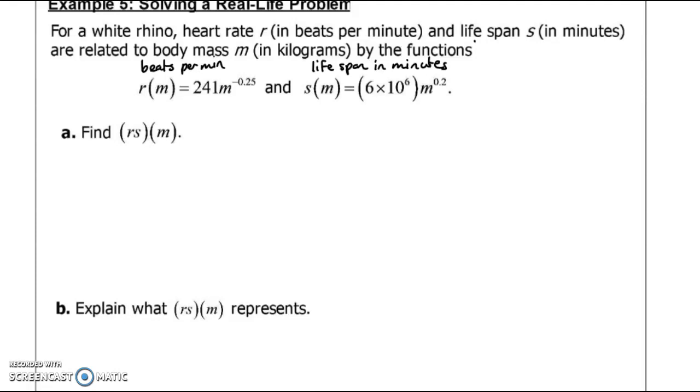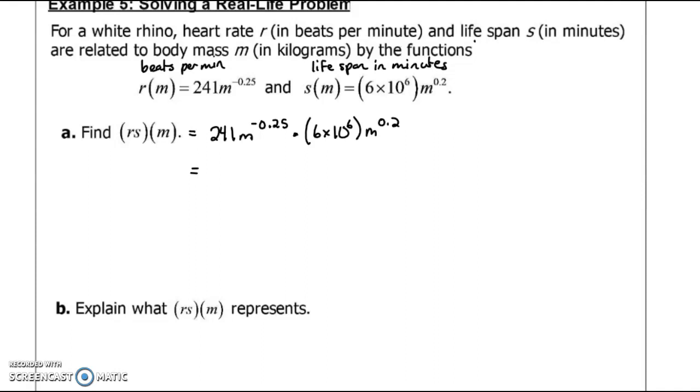So, okay, if we multiply these, that part's fairly easy to do. We're just going to do R of M, which is 241 m to the negative 0.25, times S of M, which is 6 times 10 to the 6th, that's just scientific notation, m to the 0.2. Okay, so to simplify this, the first thing I'm going to do is take the 241 times 6 using a calculator.